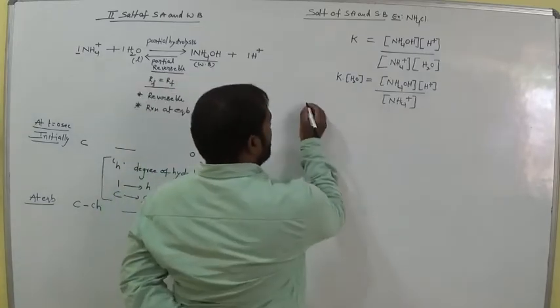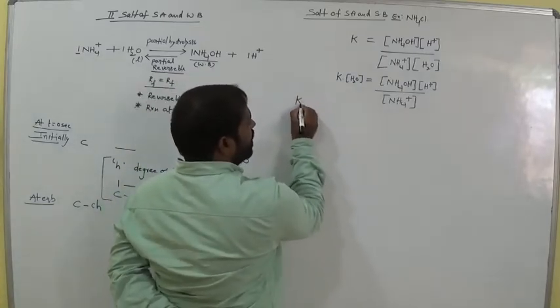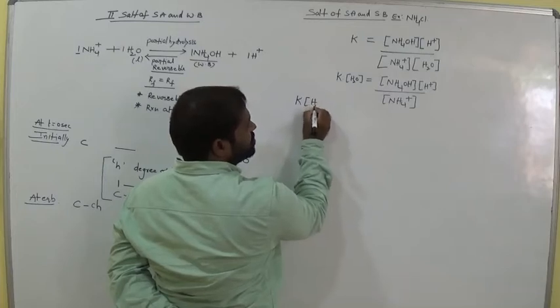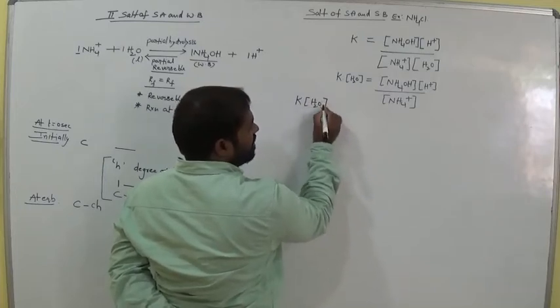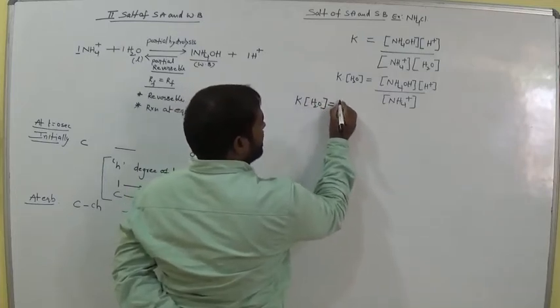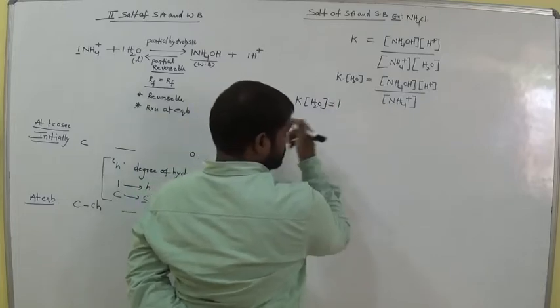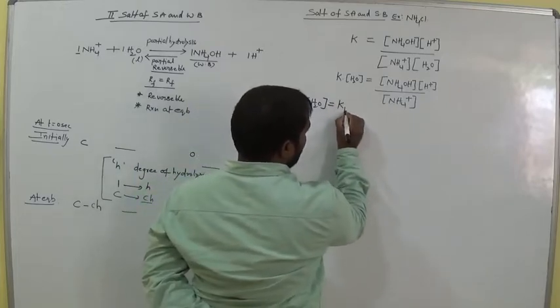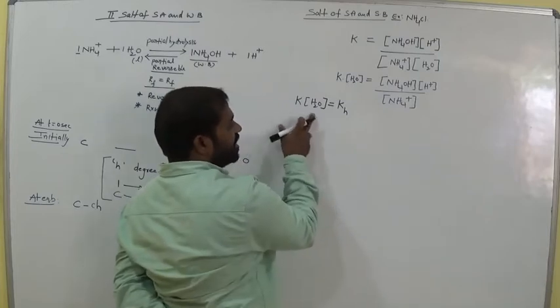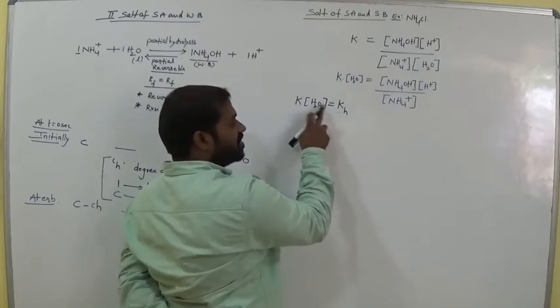Now I would like to introduce a new constant. These two are constants, remember this. A new constant, that is KH, a new K into H2O. Both are constant.